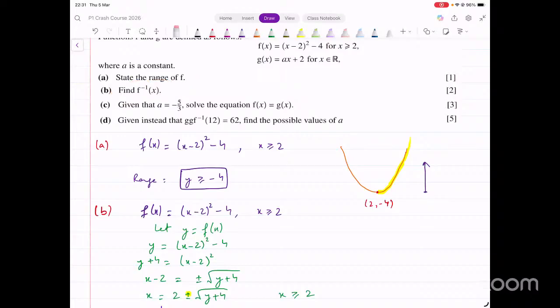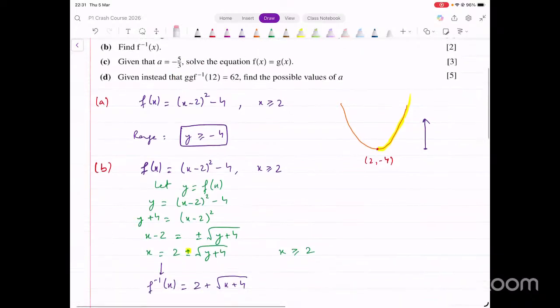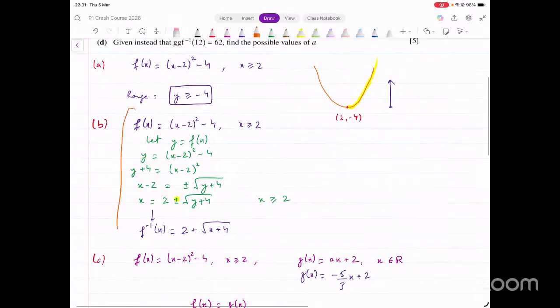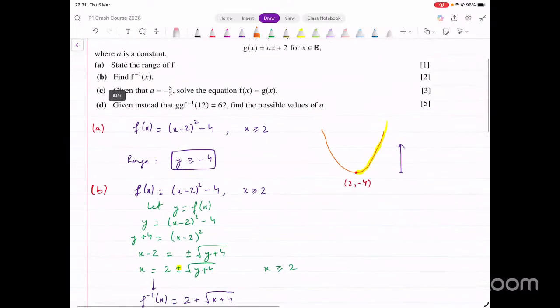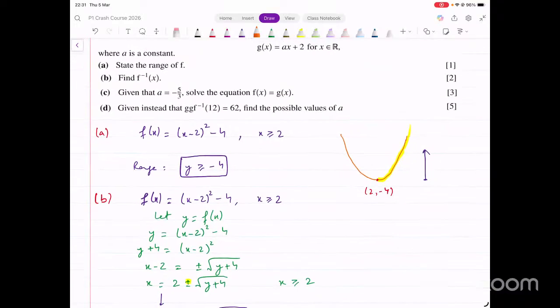If we had not found f inverse earlier and they gave us something like this, in this case, finding f inverse is a pretty long process, right? It's a quadratic function, so finding the inverse is a pretty long process. A more efficient method in that case would have been to take this f inverse to the other side, in a way.